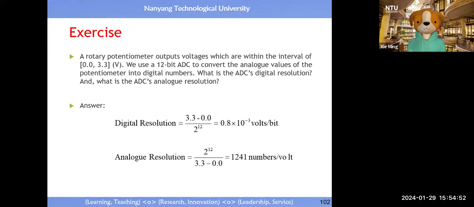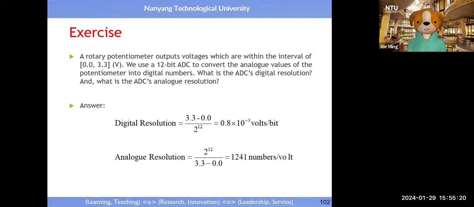From this example, you immediately understand that for the Cortex M4, the input voltage range is always fixed from 0 to 3.3 V. This is something special. Because for other microcontrollers, it could be 0 to 5 V, or you can choose the input voltage range. For this one, it's always fixed from 0 to 3.3 V.